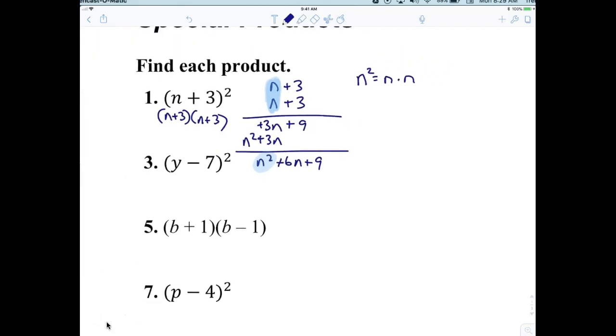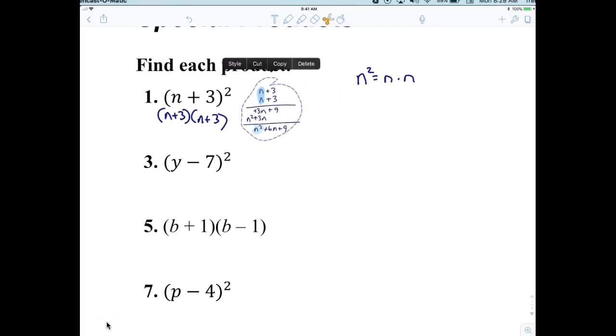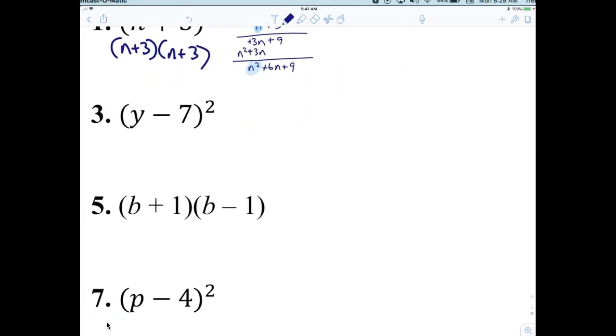Just like for number 3, when we say y minus 7 squared, that means what? Y minus 7 times y minus 7. So multiply that out. And if you are good at this, just ignore me now and go to the end of the page. Just do them as fast as you can.